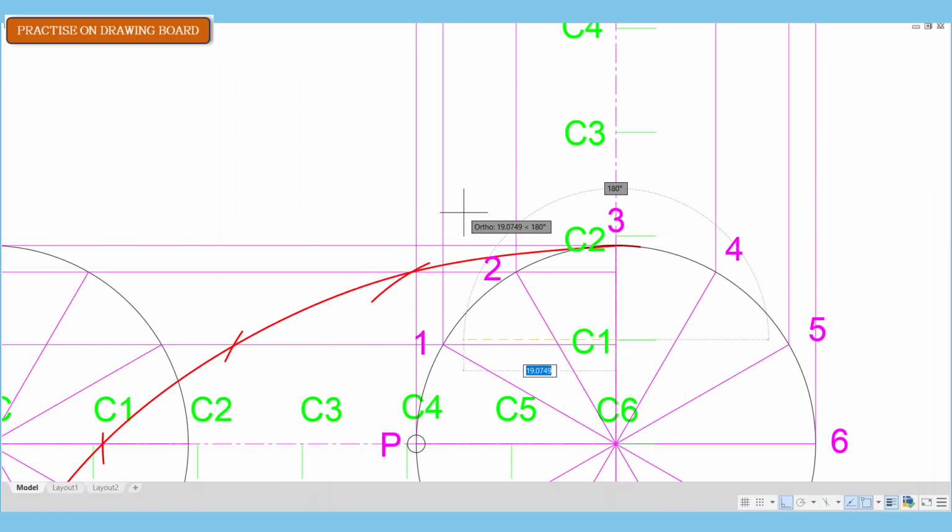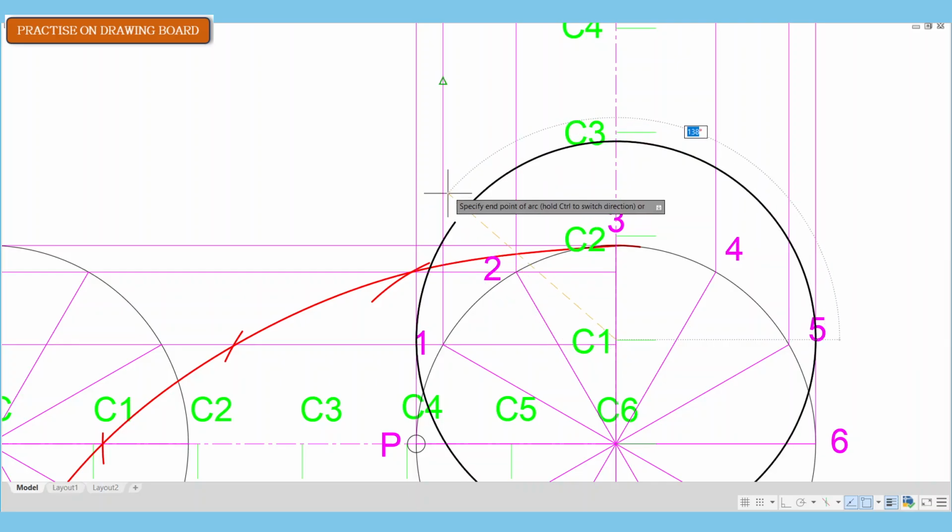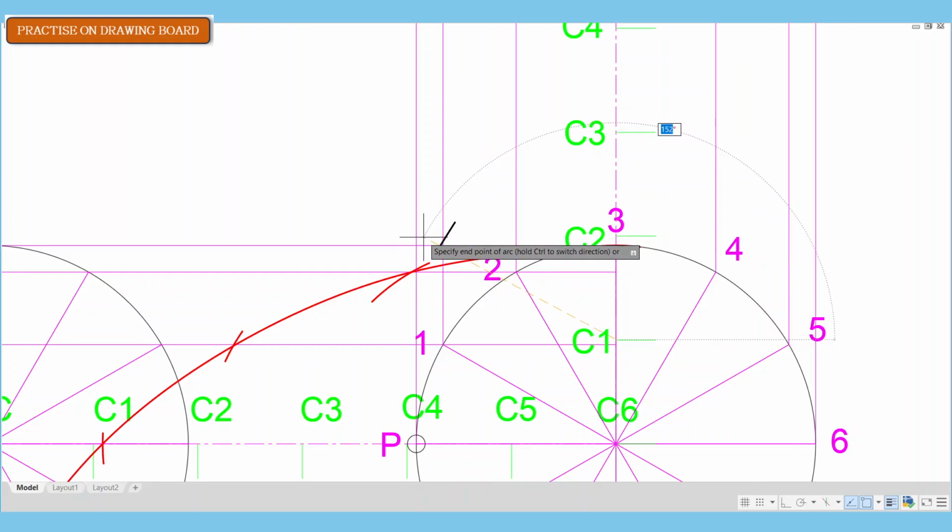So with the radius of 25, you want to draw an arc.